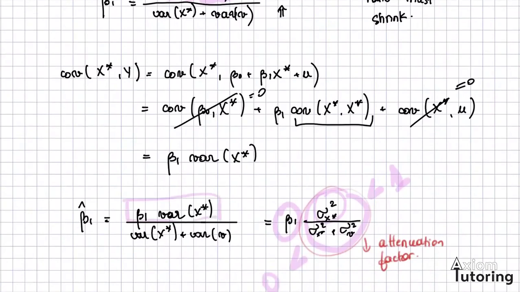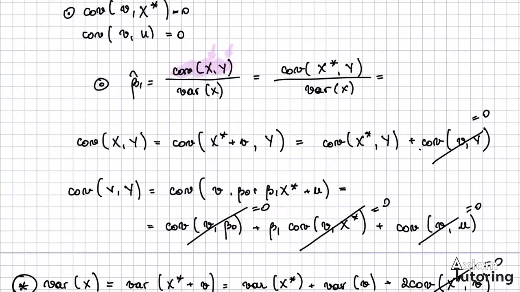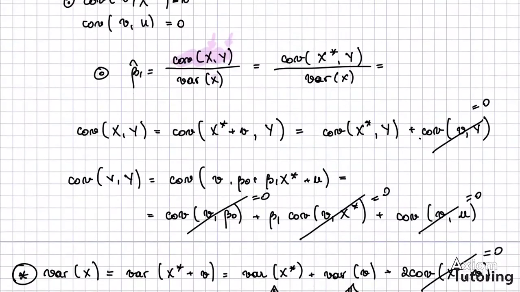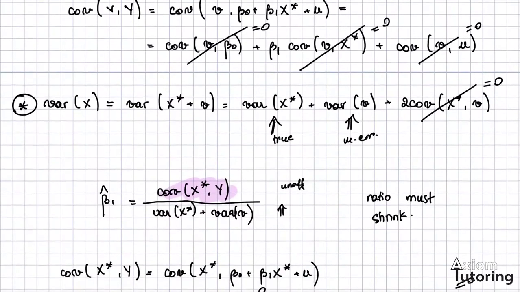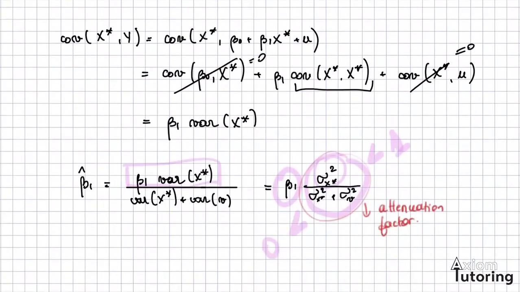And then the denominator, by substituting the x with the expression that we have, we found out that it's ultimately the variance of x star plus the variance of v. This entire expression is telling us that our estimated beta 1 is the true beta times this fraction, this ratio, which ultimately is the attenuation factor, telling us by how much it really shrinks.